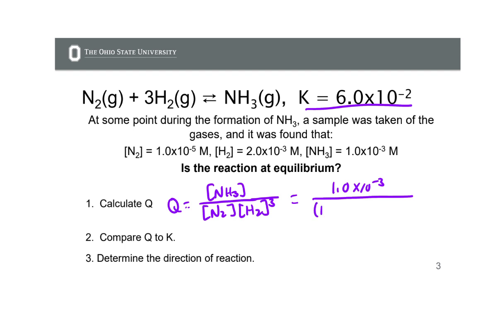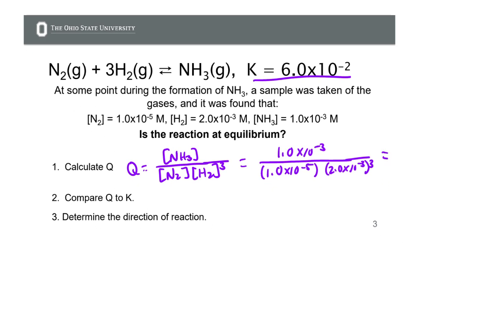In the denominator, we'll have 1 times 10 to the minus 5 for nitrogen and 2 times 10 to the minus 3 cubed for hydrogen. And we end up with 1.25 times 10 to the 10. So if Q is 1.25 times 10 to the 10, we know that this is much greater than 6 times 10 to the minus 2, which is K.